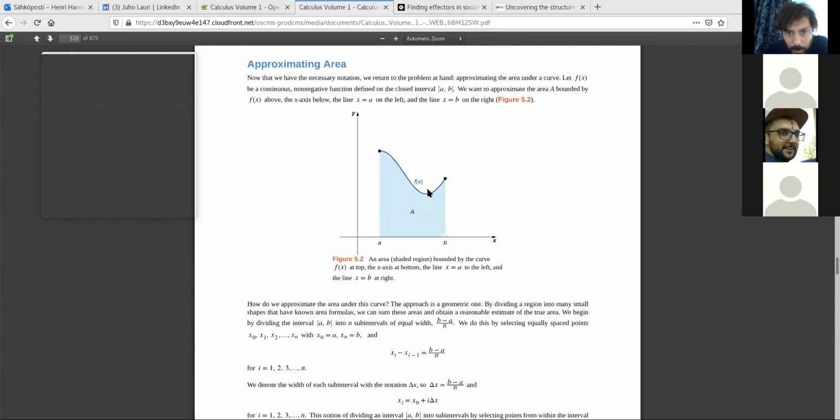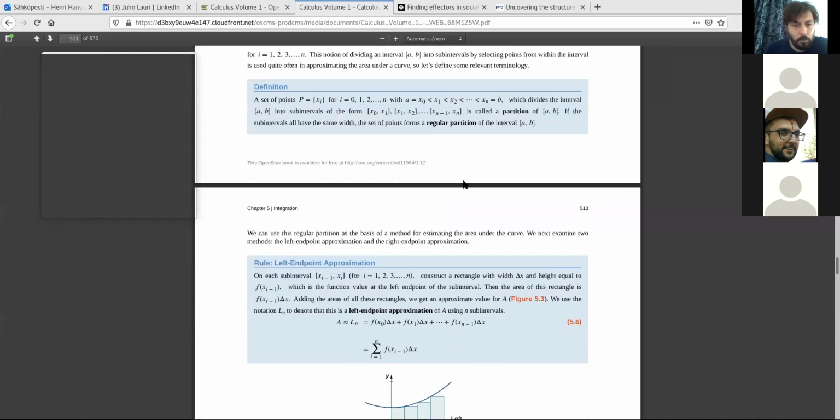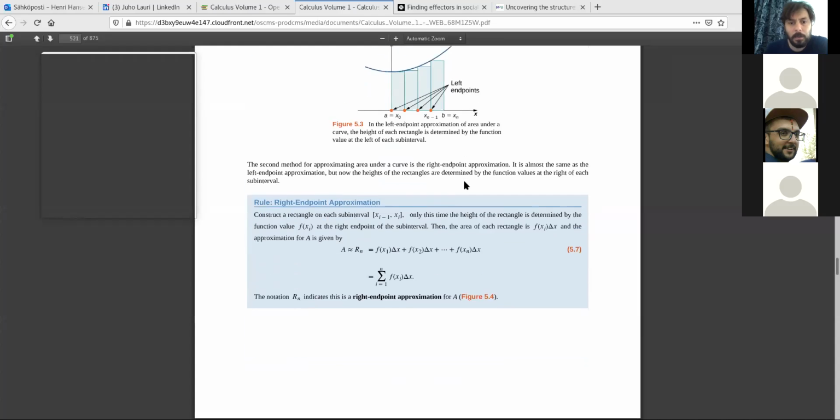So while we approximate the area before this point, the left approximation will be too big because we draw the rectangle thusly, and the right approximation will be too small because we draw it like this. But after this point, the left approximation will be too small and the right approximation will be too big. And if we're very close to this point, we don't know which one is bigger, if either is bigger, or both could be too small or both too big.